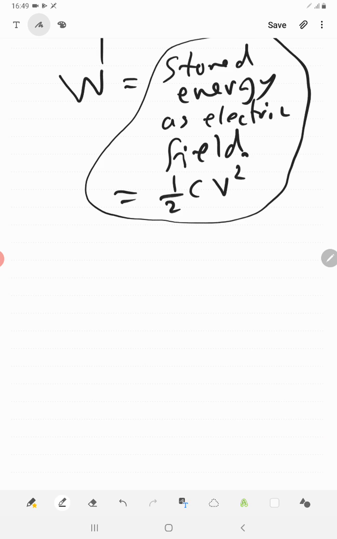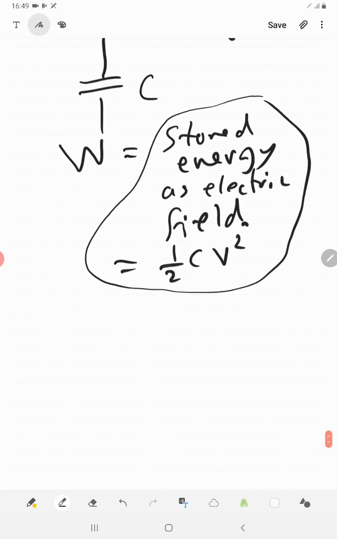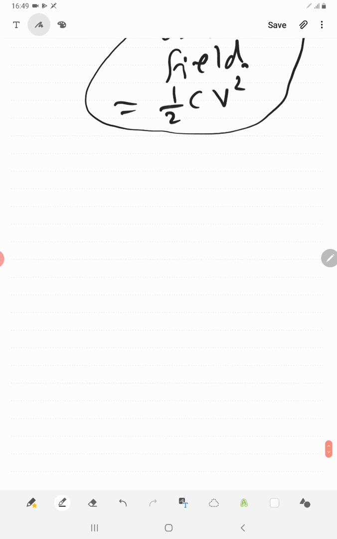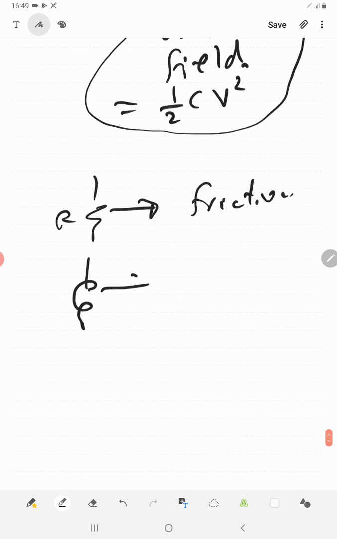If you have a coil, it acts like a mass. If you have a capacitor, it acts like a spring. So resistance acts like friction, while a coil acts like mass. A mass stores kinetic energy.